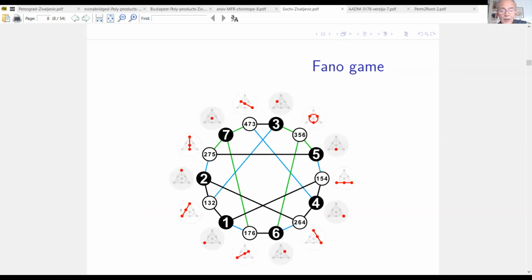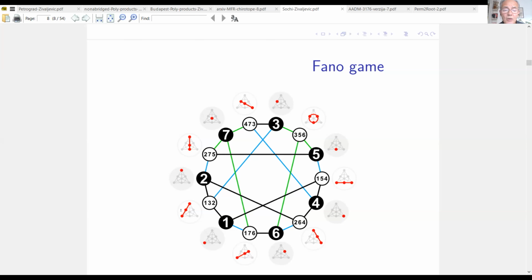Okay. And now, just to be rewarded for listening to these definitions, I want to mention a beautiful game introduced, I think, already by von Neumann and Morgenstern. It says, take the Fano plane, the finite projective plane with 7 vertices and 7 lines, and you say this is a game with 7 players, the vertices, and we say that a coalition, a subset, is winning if and only if it contains a line.